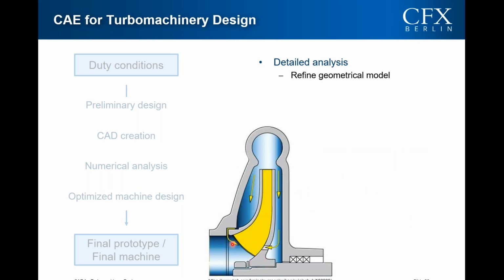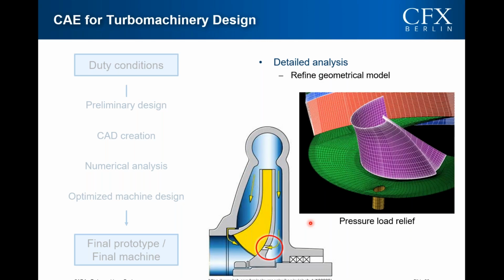For closed impellers, like this one here, there are other sources of leakages. First, those pumps sometimes have pressure load reliefs, like this. This is an example mesh how to capture this. Those are used to reduce the axial force on the bearings and so increase lifetime and also decrease the friction in the bearings.